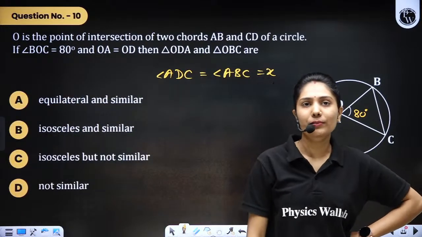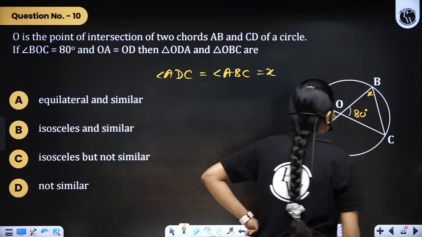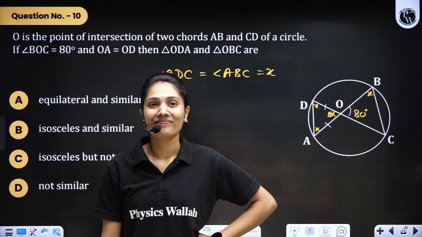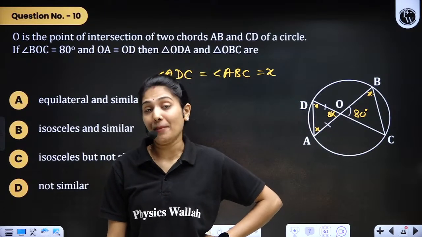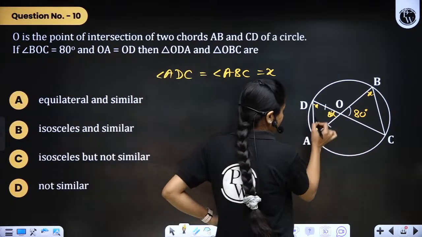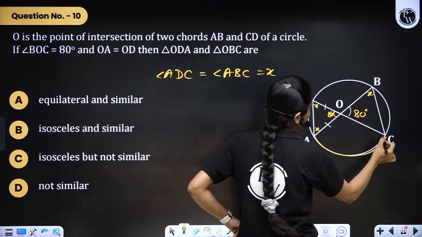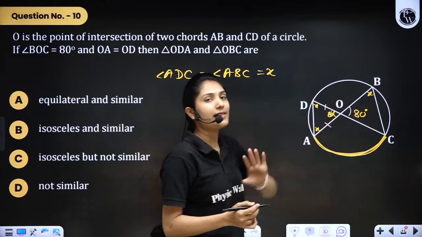Yes, Vishnu. Angle inscribed in the same arc. Okay, this particular angle contains this arc and this angle also contains this arc, which means the measures of these two angles are equal.